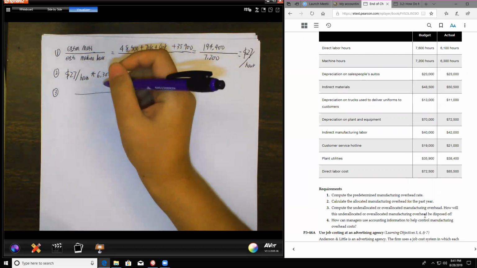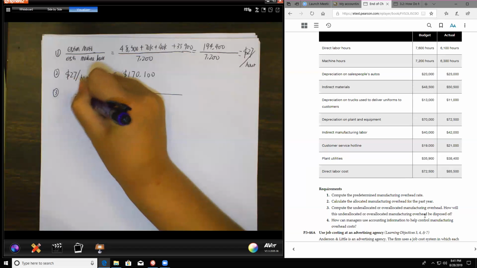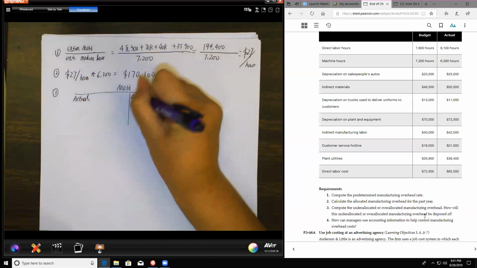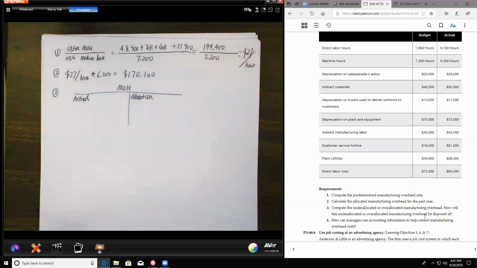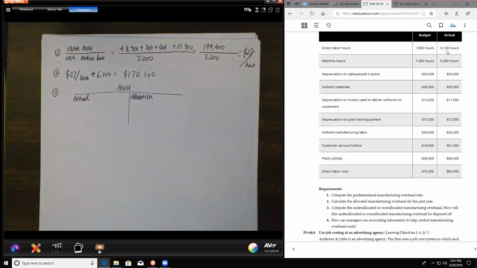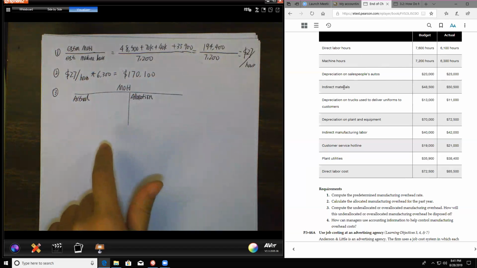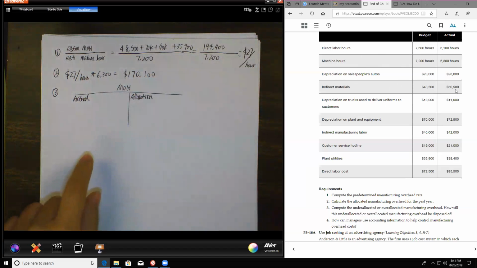The left side is always our actual, and the right side is always our allocation. So we use the actual column, and we add all the actual manufacturing overhead.